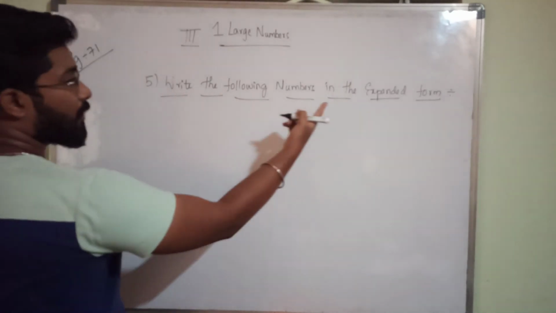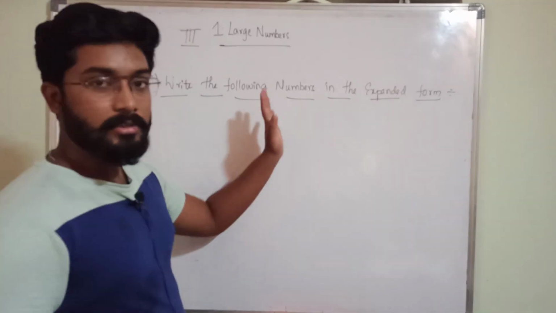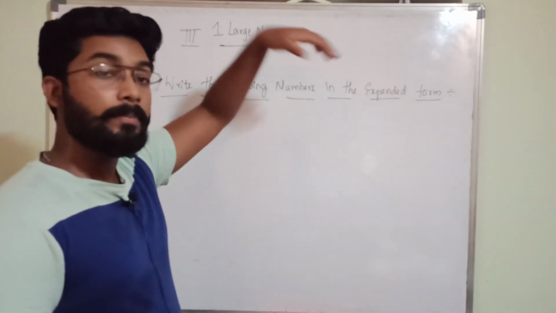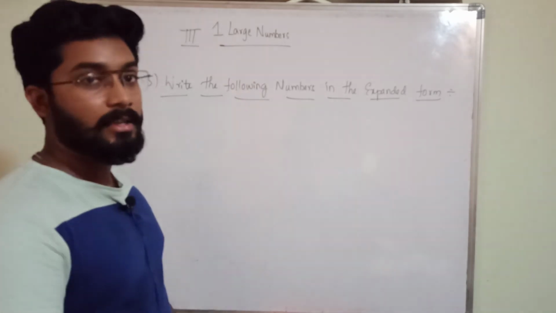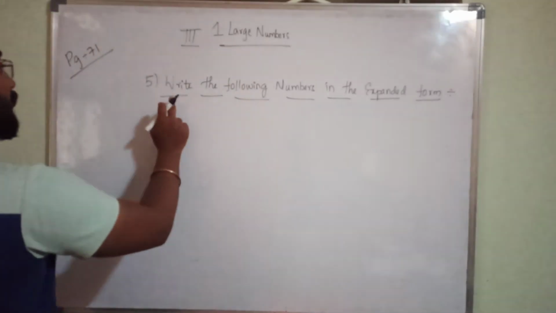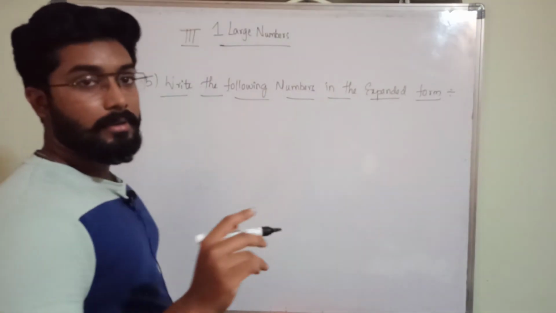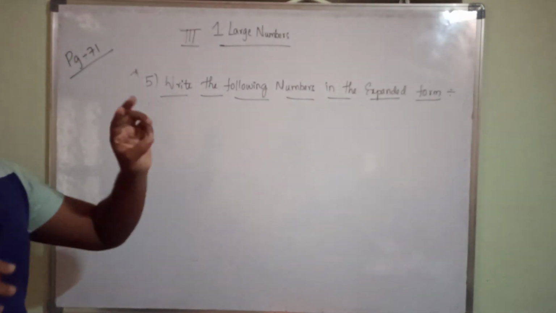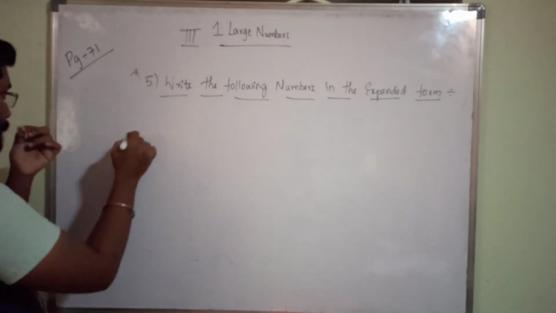So read the heading and you will understand. Write the following numbers in the expanded form. In the previous bit he gave the expanded form and we had to write the number. So that is the difference. Read the heading very carefully. If you don't understand, you have to read it two or three times. Read it carefully and then answer the questions.